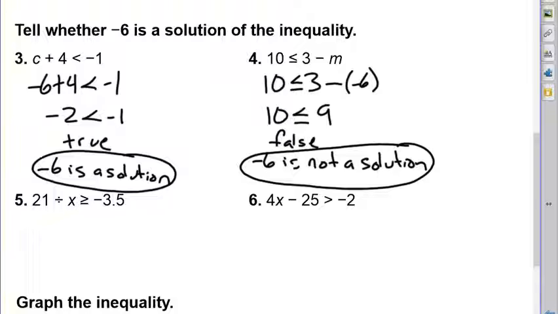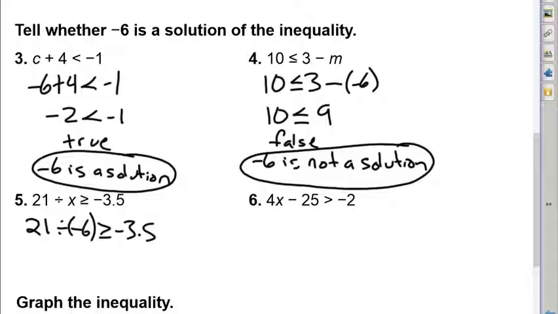Problem number 5. 21 divided by x is greater than or equal to negative 3.5. 21 divided by negative 6 is greater than or equal to negative 3.5. 21 divided by 6. 6 doesn't go into 21 evenly.